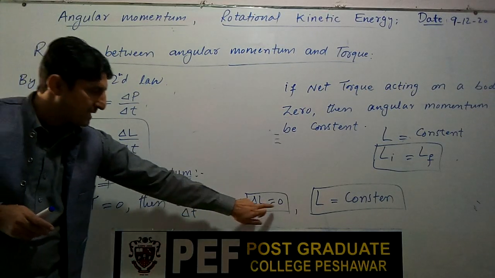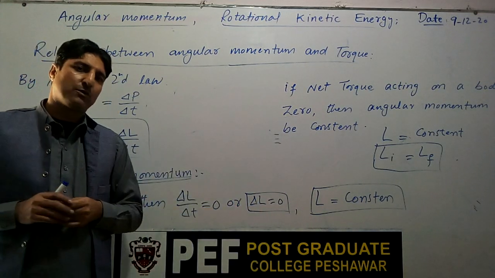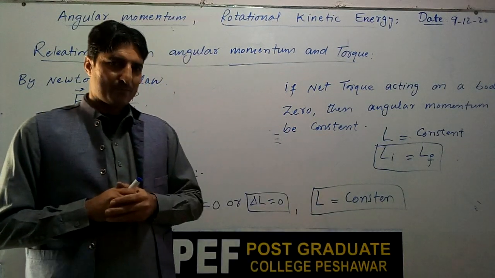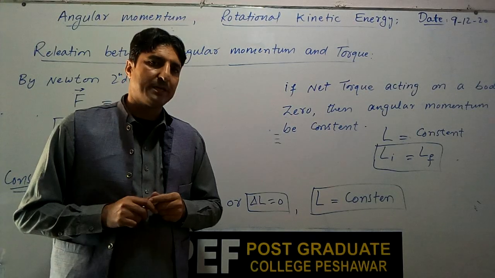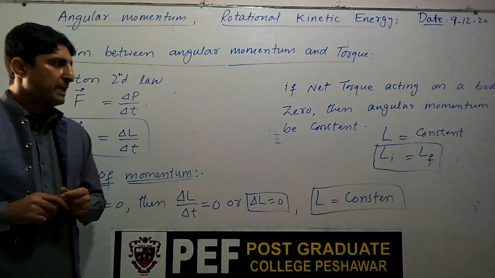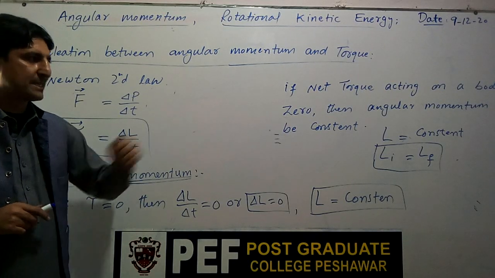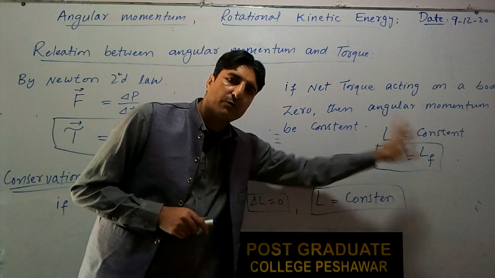So if there is no change in angular momentum, then angular momentum will be constant. Here we can say that if net torque acting on a body is 0, then angular momentum will be constant, will not change. So L equals constant, or L initial equals L final.